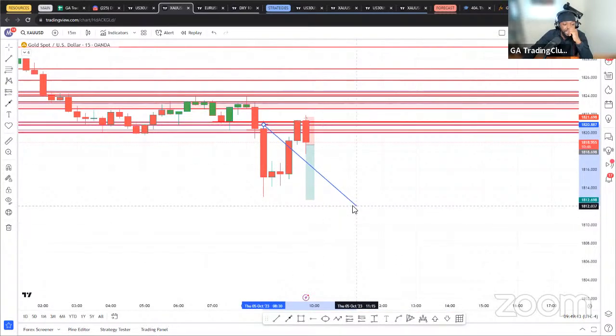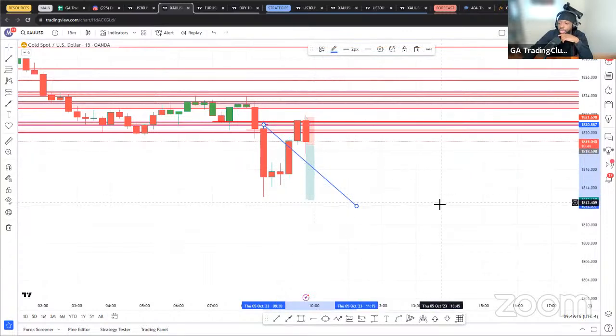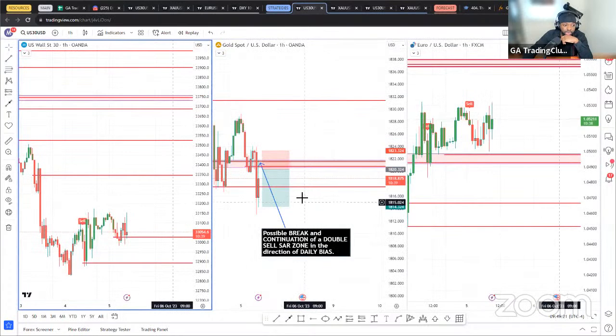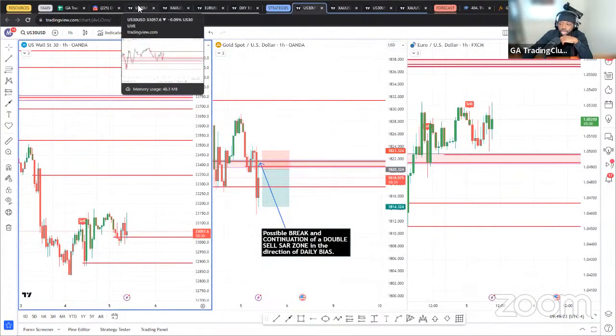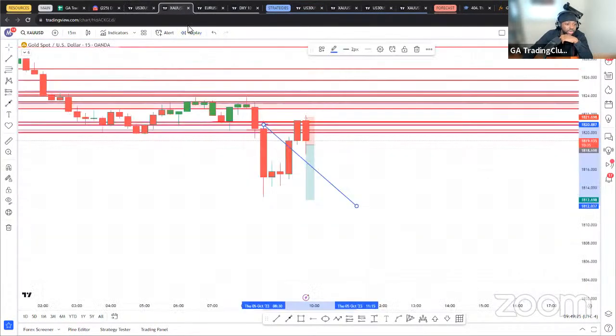So keep in mind, there's an hourly entry if you don't want to enter on the 1 minute entry I just entered. So there's this pending 1 hour entry right here. You can wait for the hourly entry or you can enter on that 1 minute entry that I just entered. But the trade is this.